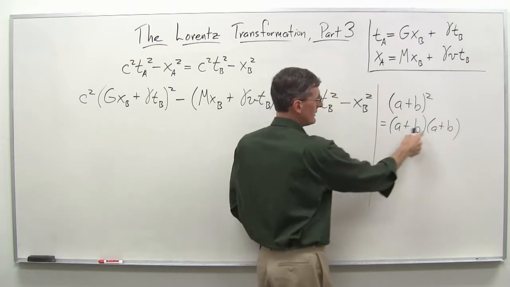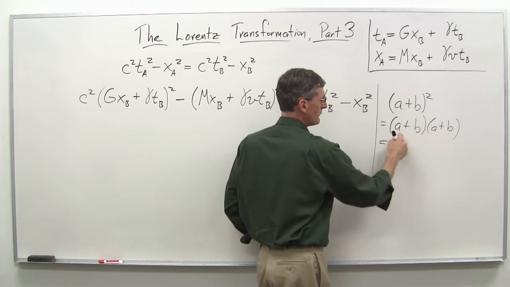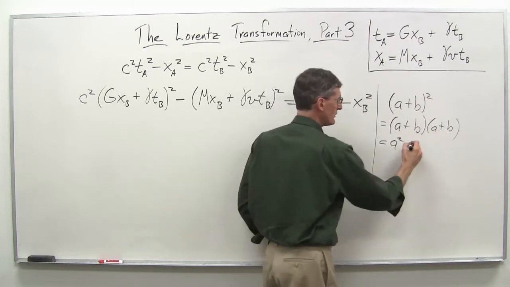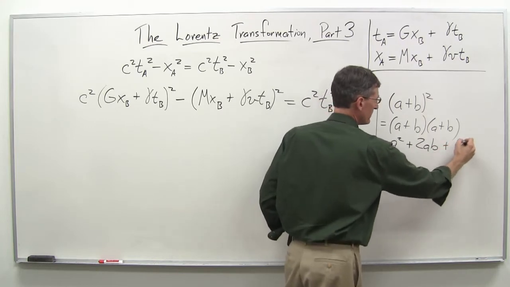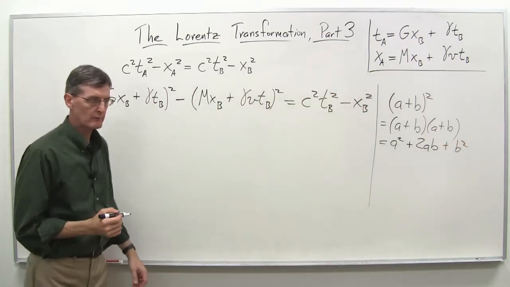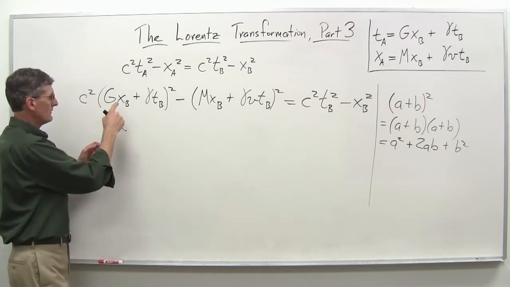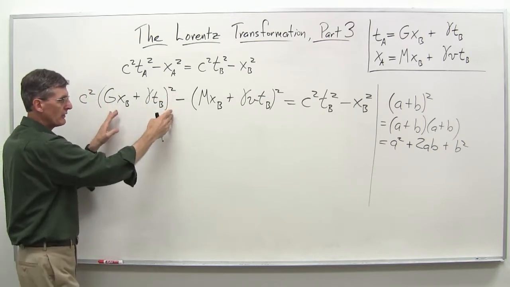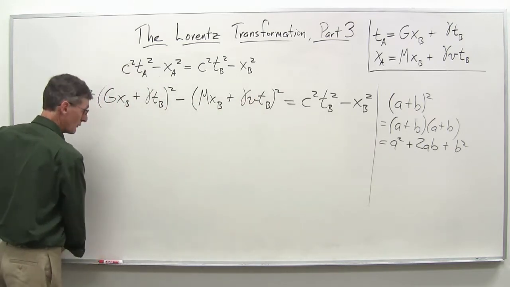And so you get a times a is a squared, plus b a, and then an a b, so I actually get 2 times a b, and then plus b squared. So if you dredge your mathematical memory, you may remember something like that. We're going to use that. Clearly, we have an a plus b quantity squared, and another a plus b quantity squared, and we'll see where we go with that.